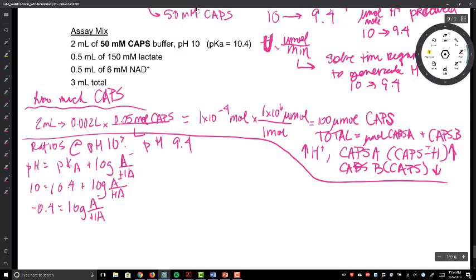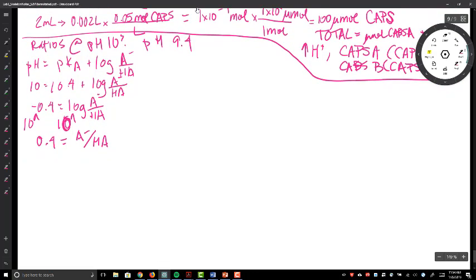Now we want to get rid of the log, which is log 10. So we take 10 to the power of both sides, and then that gives us 0.4 is equal to A minus over HA. And again, I'm going through this pretty quickly, but you can pause and walk through this more slowly, or rewind as you need to.